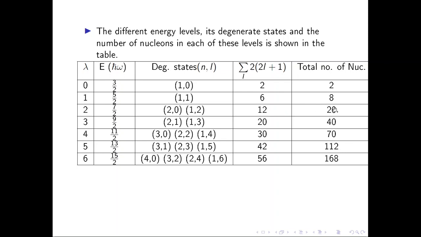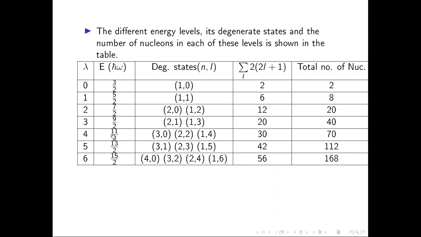So the total number of nucleons required for closing this shell is 2 plus 6, 8, plus 12, that is 20. Similarly, for lambda equal to 3, there are 2 combinations, and the number of nucleons is 20. So the total number of nucleons required for filling up to this level is 8 plus 12, 20, plus 20, 40, and so on.